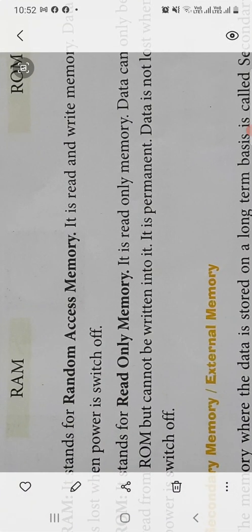And what is CD-RW? We can read the data as well as write the data a number of times. So CD-RW means rewritable CD.